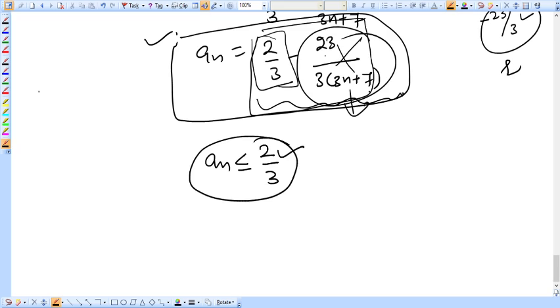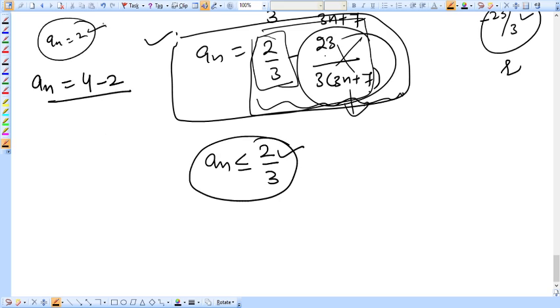See, I'm going to make you understand this with the help of an example. For example, a_n is equal to 4 minus 2, that is a_n is equal to 2.